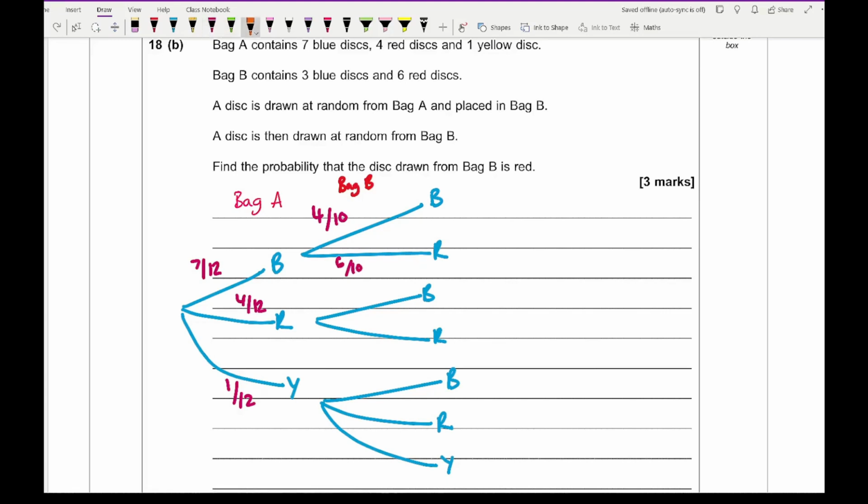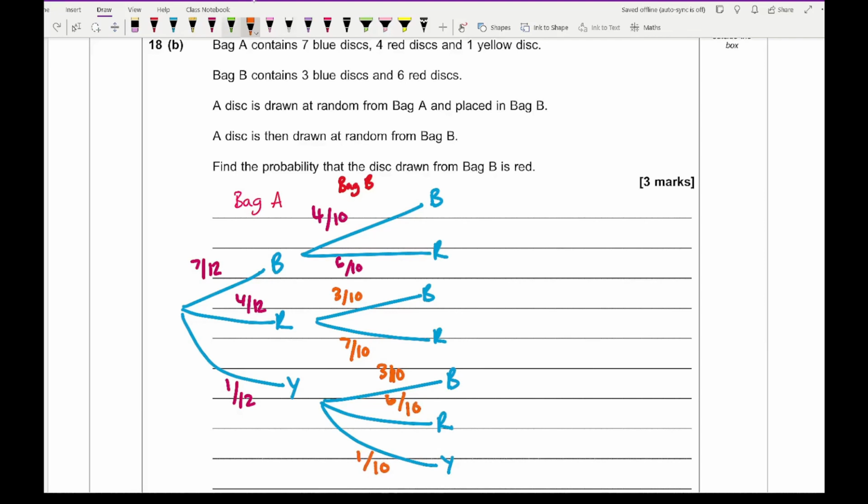Then if I select a red one, I'll have 3 there, and I'll end up with 7 there. And then if I select a yellow one and put that into bag B, I'll have 3 blue out of 10, 6 out of 10 for red, and I'll have 1 out of 10 for yellow.